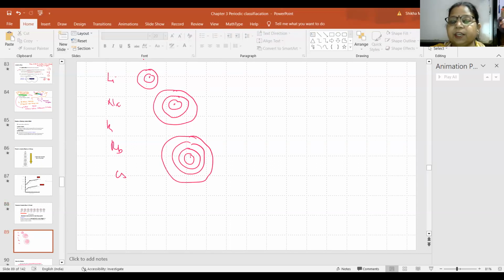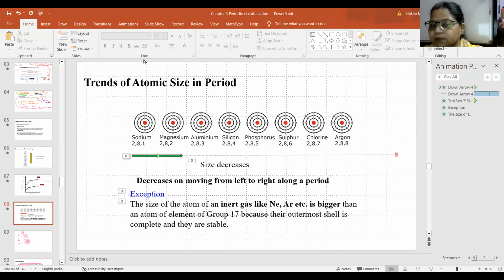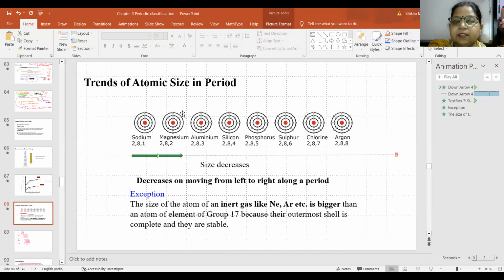It becomes pretty obvious that with each element, one shell is increasing, so that means size will increase. But when we talk about a period, what happens? The electron is entering into the same shell, but we are saying the size is decreasing. That is the question. Why?